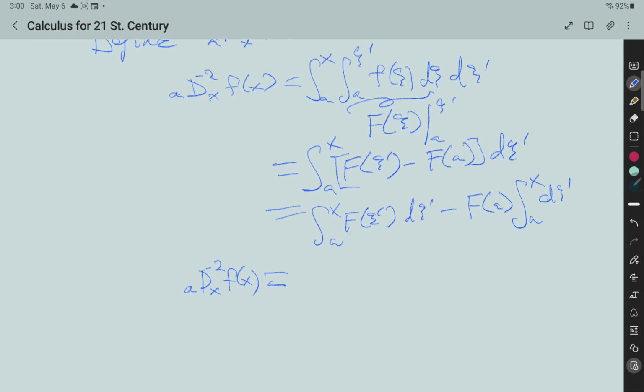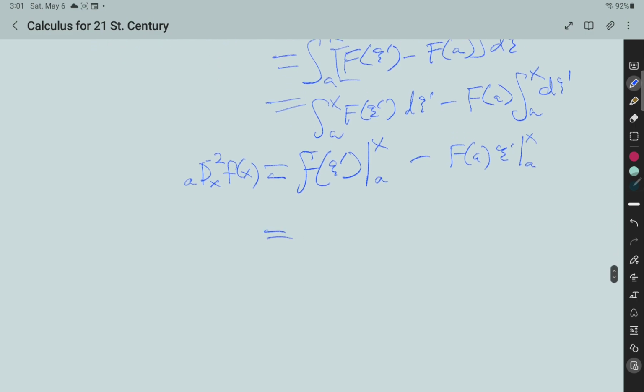Well, this here will give you some bigger F, like F of c prime evaluated from a to x, minus F of a times c prime with the limits of integration from a to x.